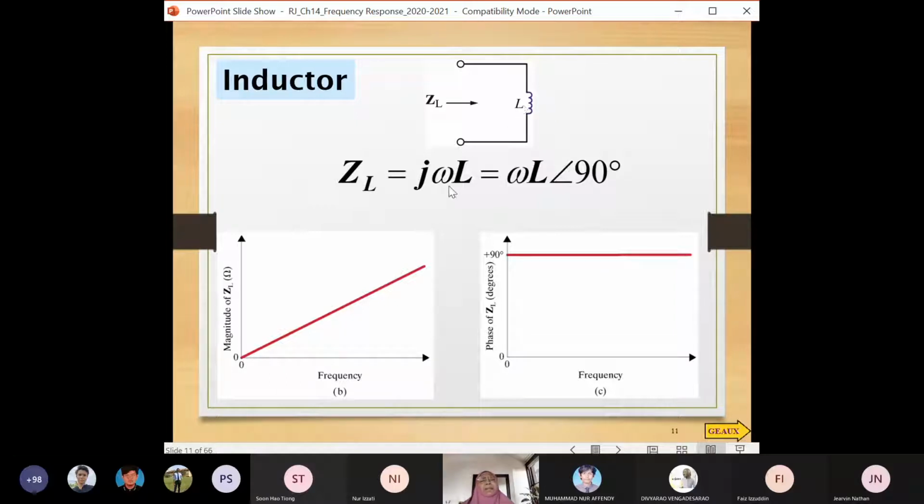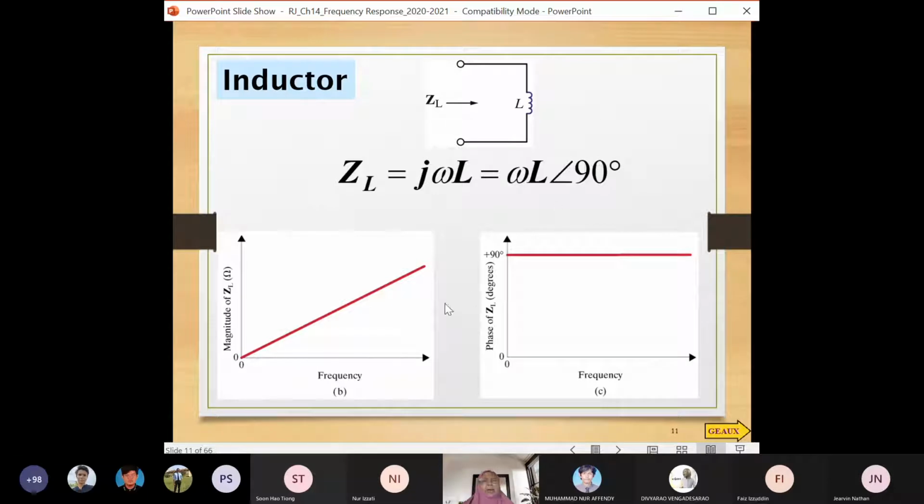But when you have an inductor in the circuit, the impedance of the inductor is represented by the inductance, and ZL is j omega L, where j is a complex number, and j omega L has an angle of 90 degrees.